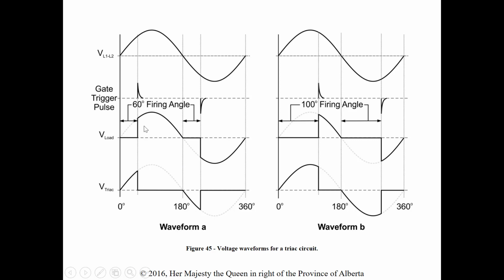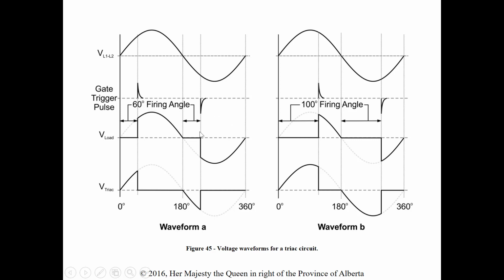And then we see a significant amount of this alternation going to the load. At the time that we're in our firing angle, the voltage exists across the triac, and that would be the same in an SCR. The firing angle is basically when the voltage isn't going to the load, so it's sitting across the SCR or the triac until it's fired, then the voltage goes to the load. So then the load sees the voltage once we get into our conduction angle, and the triac is seeing nothing because it's going to the load now.